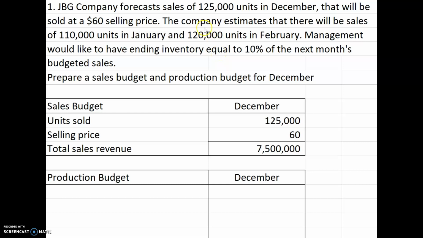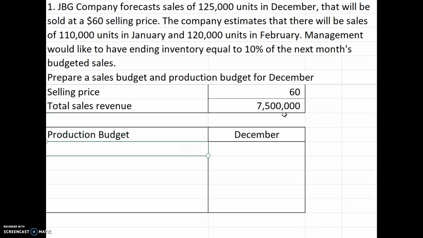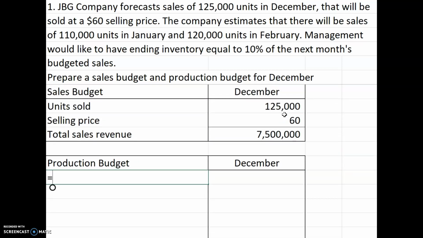Now that we know what we're going to be selling, we can go ahead and do the production budget. So the starting point in the production budget is going to be our units sold, right? Because we want to make sure we've got 125,000 units that we've made that are ready to sell.